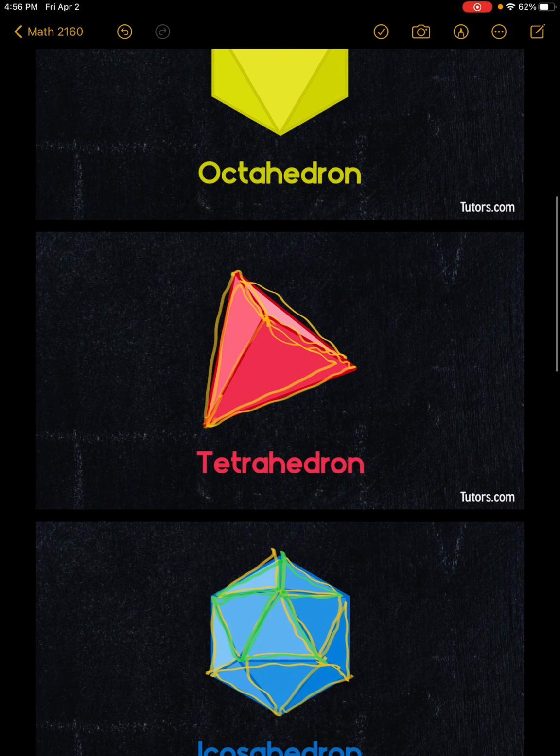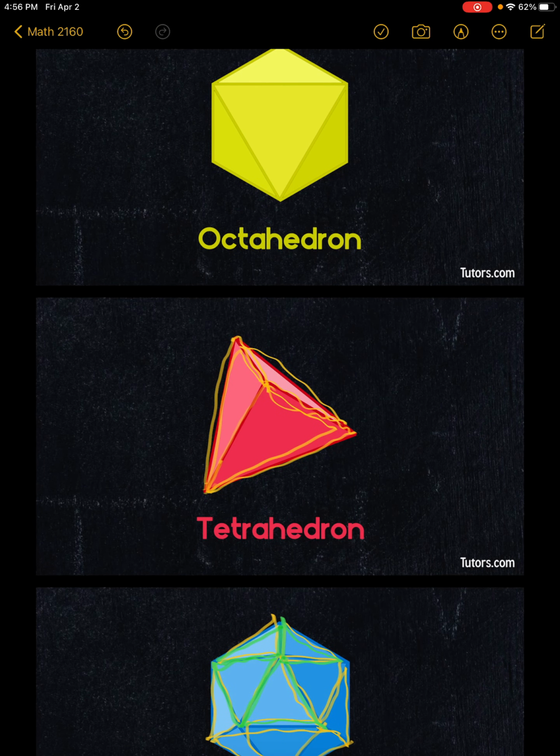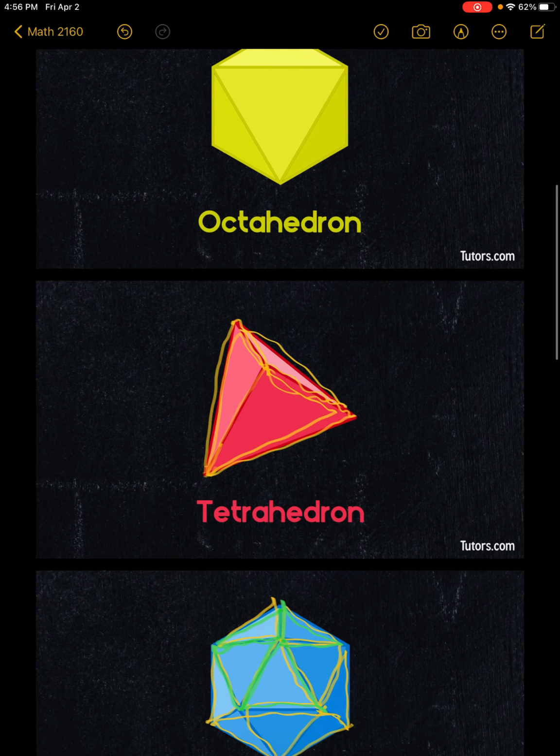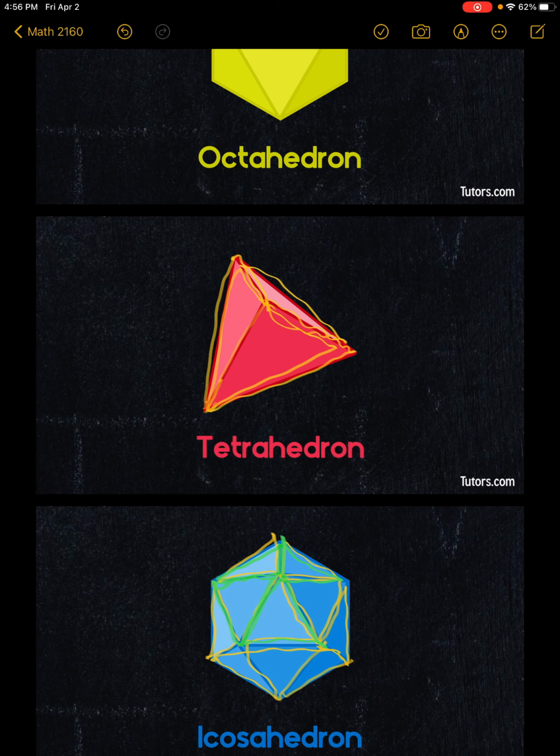And the tetrahedron and the octahedron are the exact same triangles. It's just that two tetrahedrons connected to each other make the octahedron, and that's 8 triangles together. Compared to the tetrahedron, which is just 4 triangles. It's a triangular pyramid.